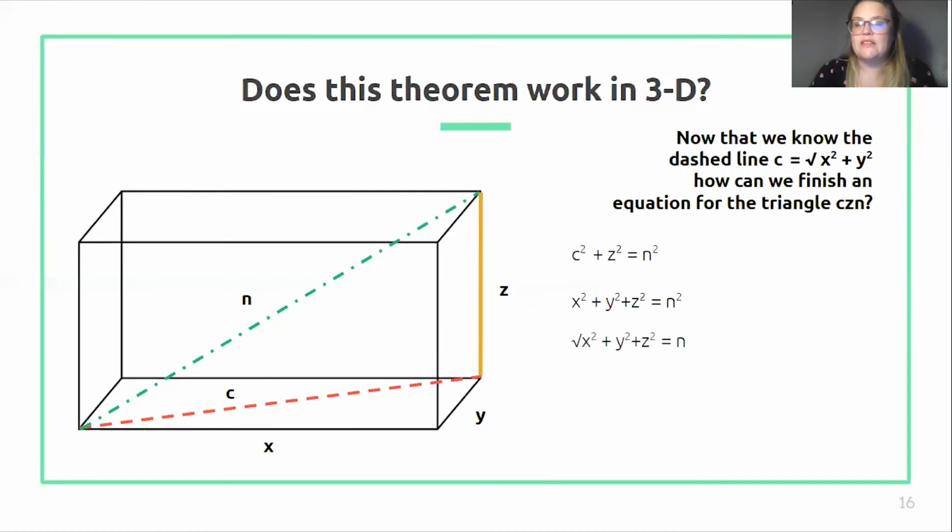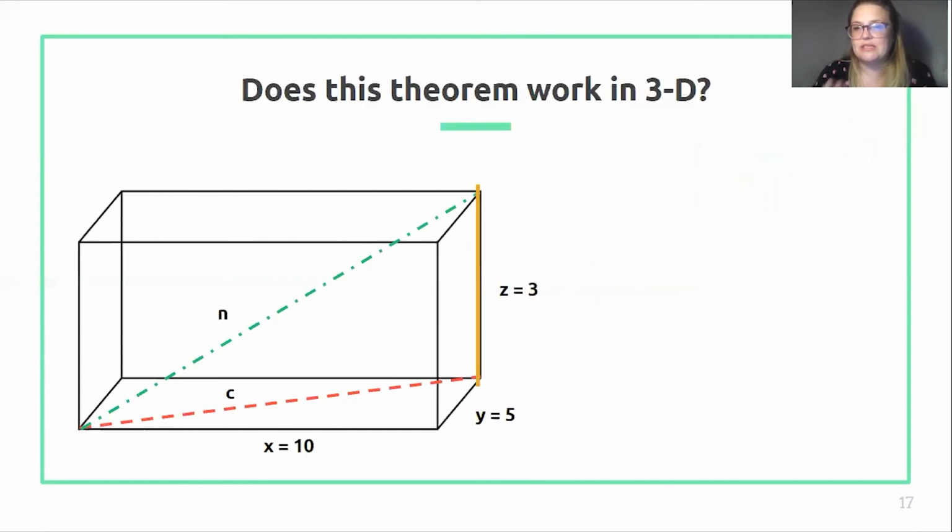And then we can take the square root on both sides to equal our value of n. So at this point, we can say that n is equal to the square root of x squared plus y squared plus z squared. Now, if we add some values in for x, y, and z, we can solve for the actual numerical length of that line n. Let's try it and see if that makes it a little bit easier for you to understand.